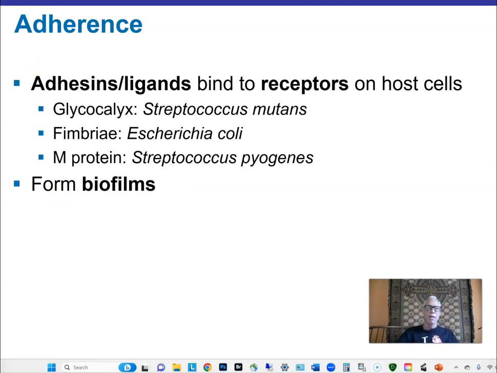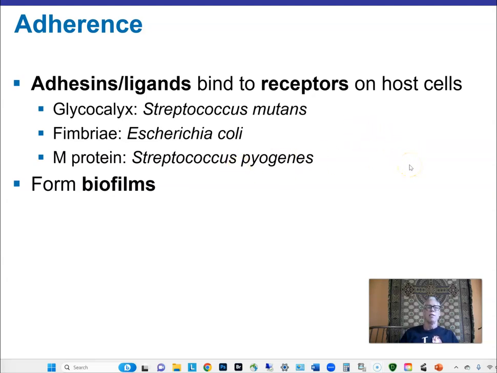Microorganisms often have some mechanisms for adhering. The first step in causing disease is usually being able to adhere to some tissue or some particular host cell. And glycocalyx, the polysaccharide covering on some bacteria, can allow them to attach to their host cells. Some have fimbriae; E. coli, which can cause disease, can attach to the epithelium of the intestine via fimbriae.